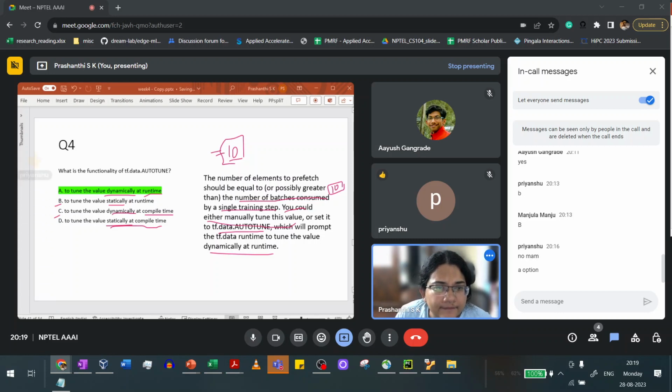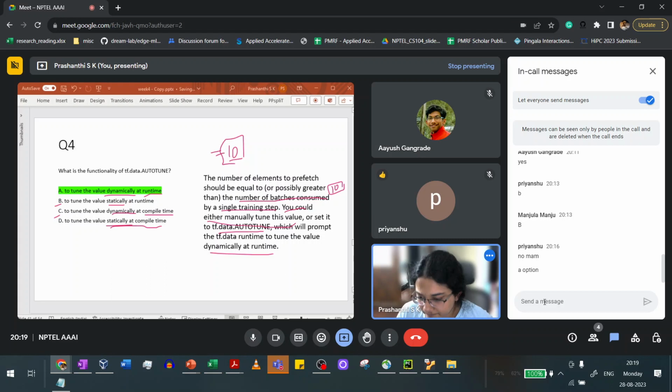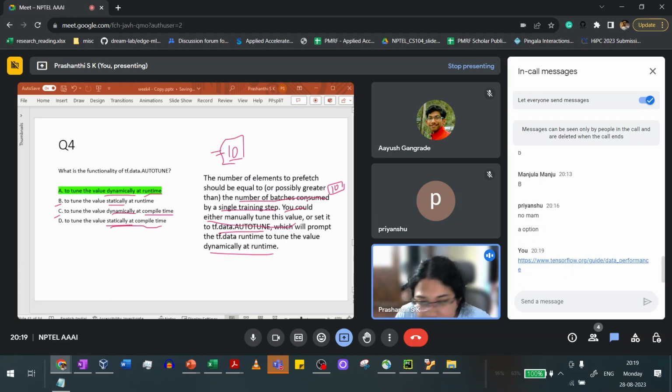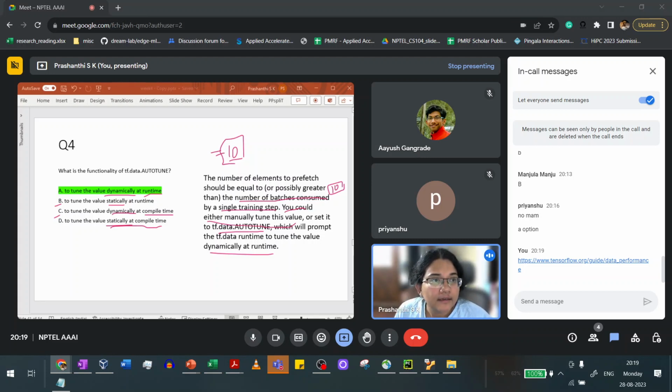tf.data.autotune, which will tell you a little bit about what this does behind the scenes. Let's see, where is the autotune part. Yeah, I think you have a lot of details there, but you don't need the details.